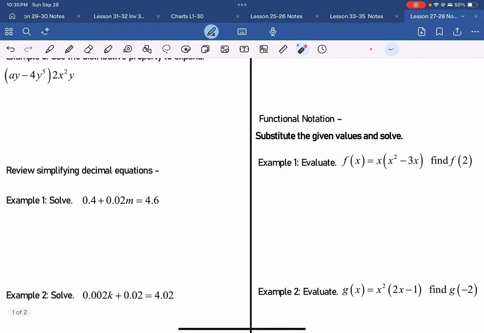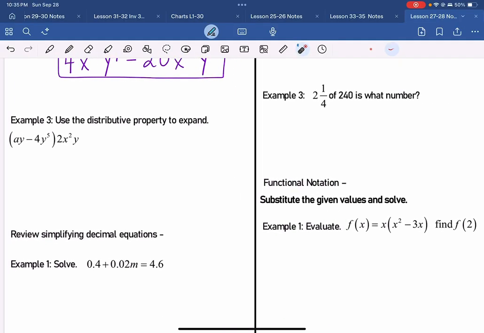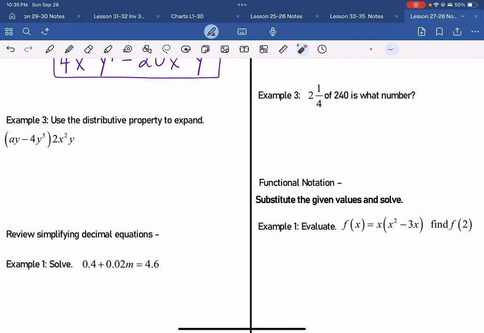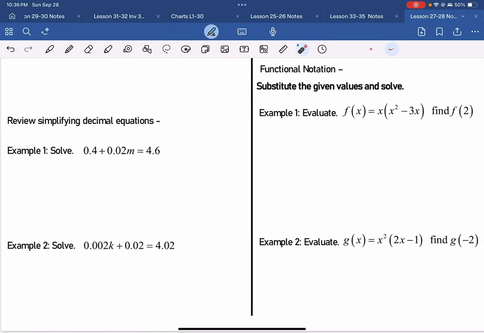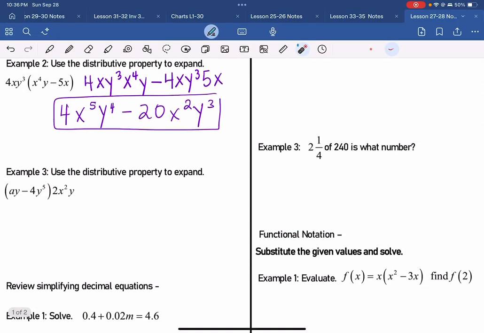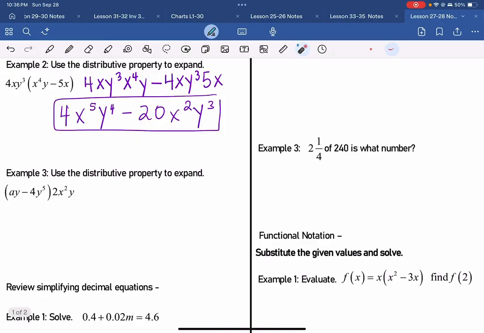All right. You try this example. It's the same, right? You're just going this way. Pause it and then come back. Okay.